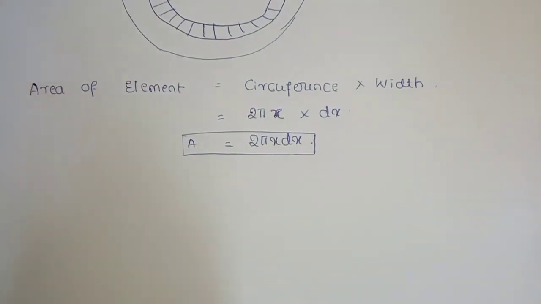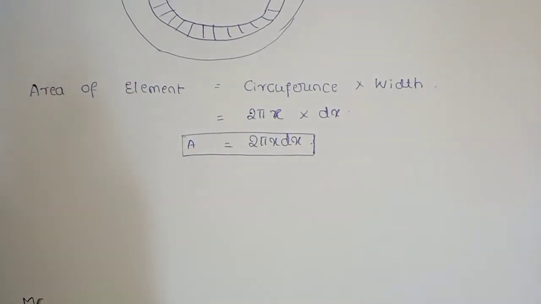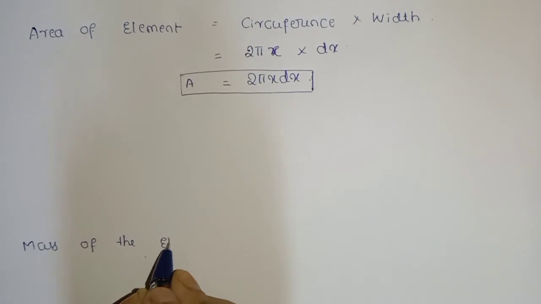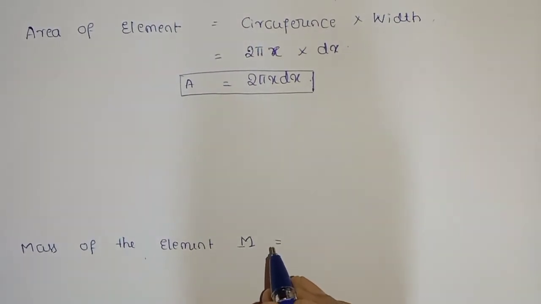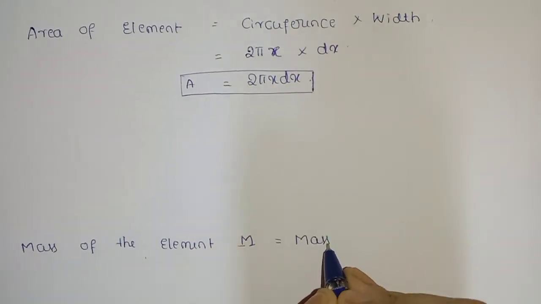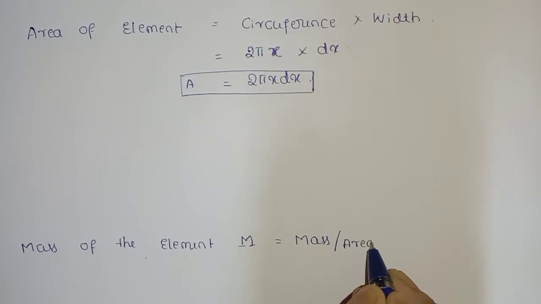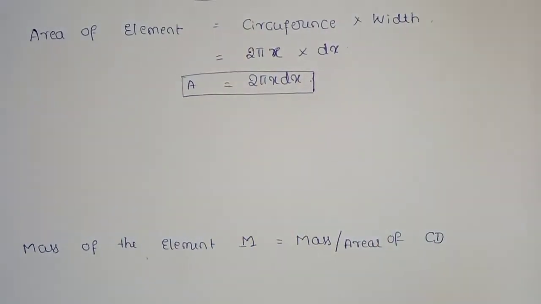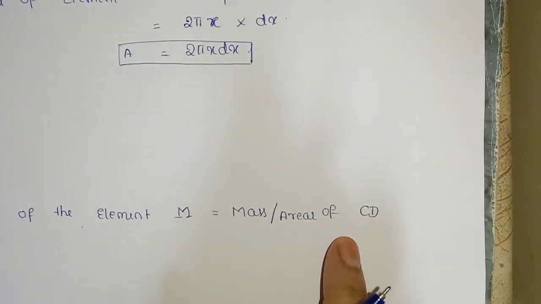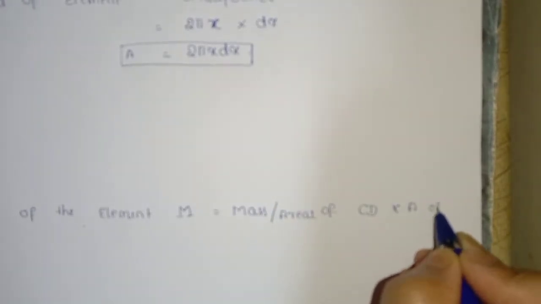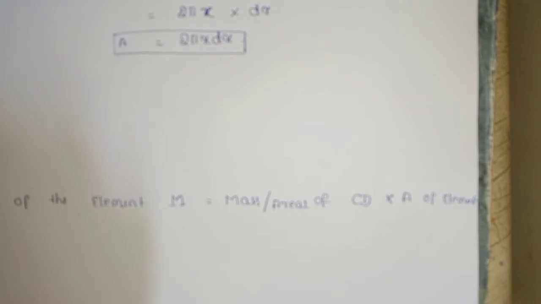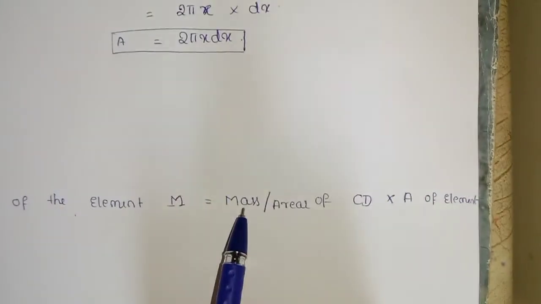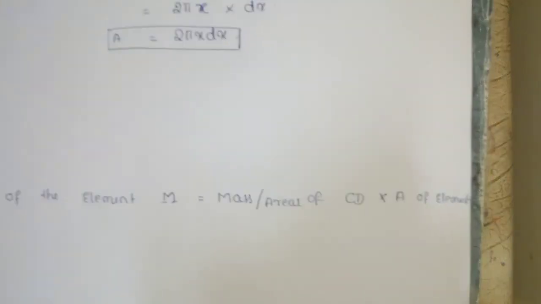Now, the mass of the element, that is small m, is equal to mass per unit area of the circular disc into the area of the element.